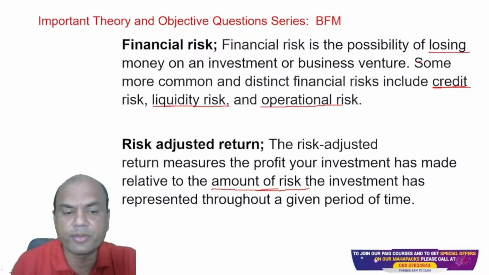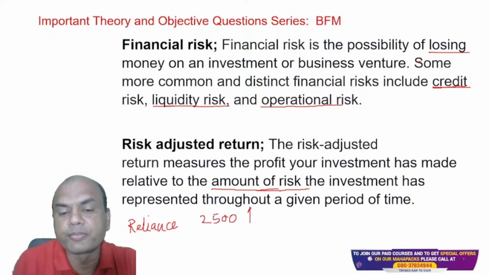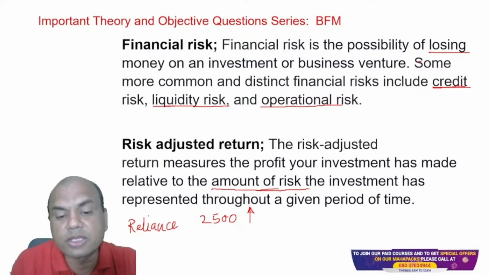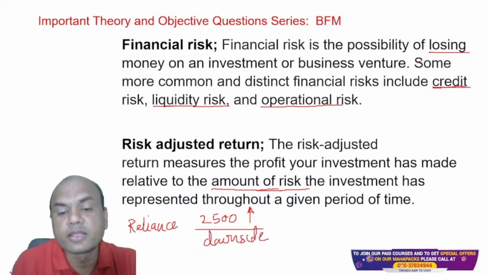Suppose you are buying a Reliance share right now at, let's say, 2500, expecting it to go up. But if it goes down, then to cover this downside potential or downside risk, what do you do? This risk is covered using put options.